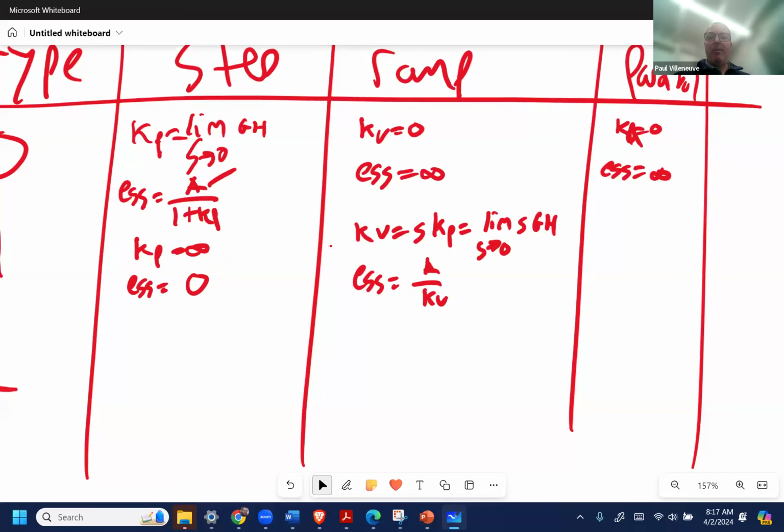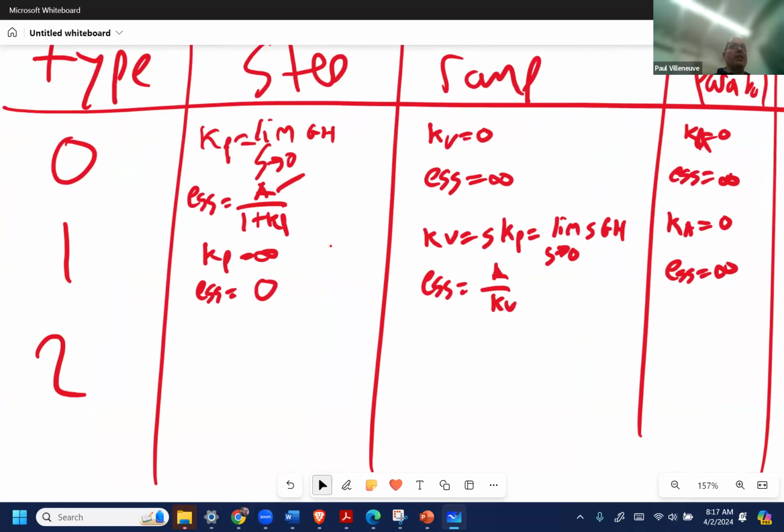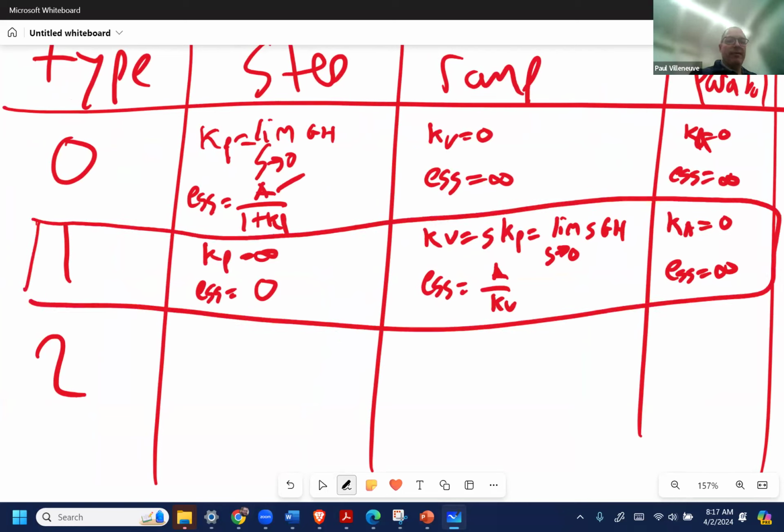And so now we got to do parabolic. In this case, A is equal to 0, and ESS is equal to infinity. You don't even need to calculate it. So what we do is now we know it's a type 1 system, so we focus in just on this row. And we see for a unit step input, we're going to get a steady state error of 0 and a K sub P equal to infinity.